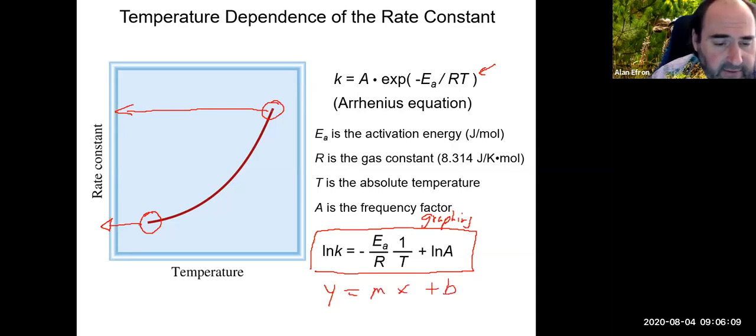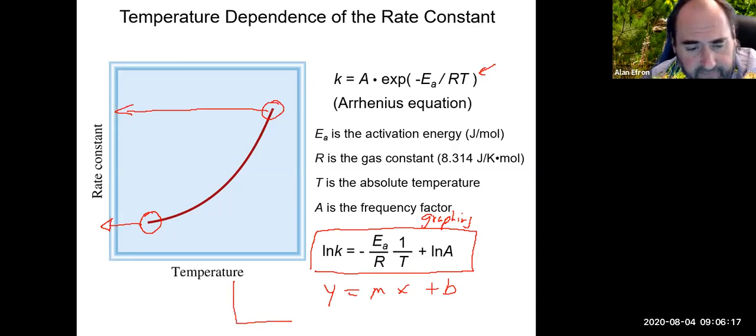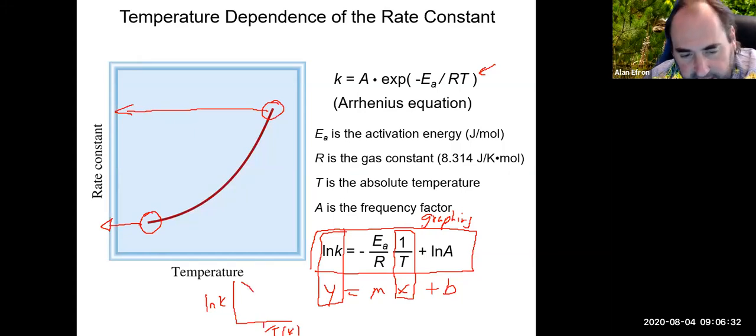And that's not the graph that we see here. But if we do that graph, what we will end up with is a graph of the natural log of k on the y. On the x, as you can see, is 1 over the temperature in Kelvin. And this will yield you a straight line, as best I could draw it.